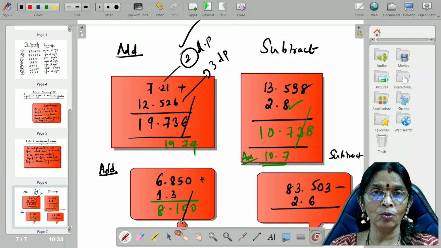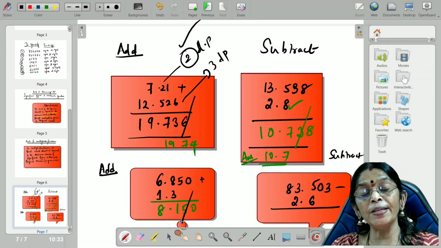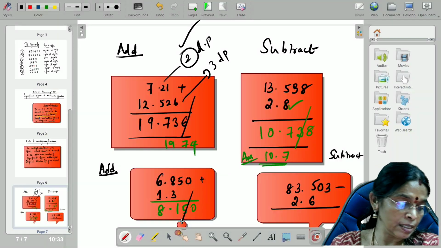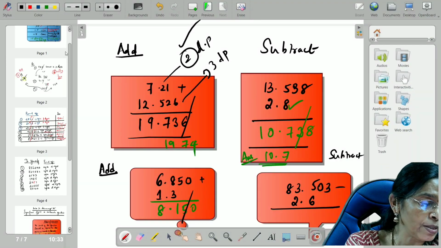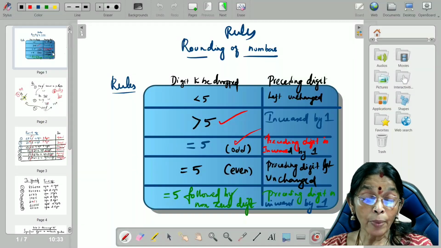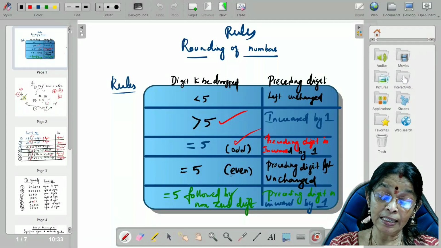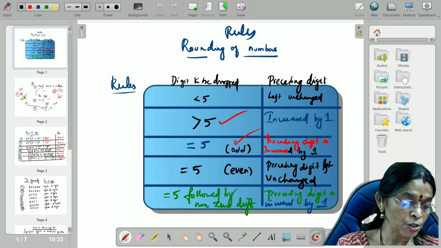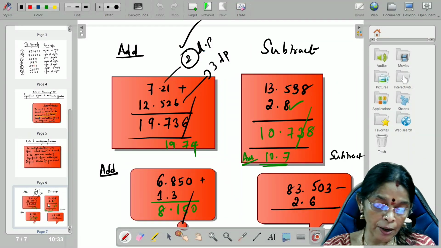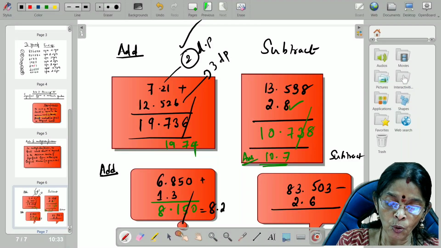Now check the rule for the preceding digit: if the digit to be dropped is 5 and the preceding digit is odd, increase it by 1; if the preceding digit is even, leave it unchanged. Here the preceding digit is odd, so the answer is 8.2.